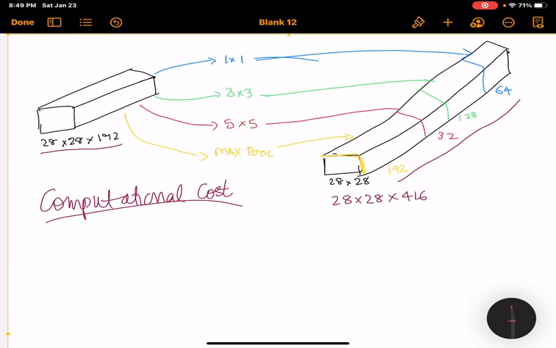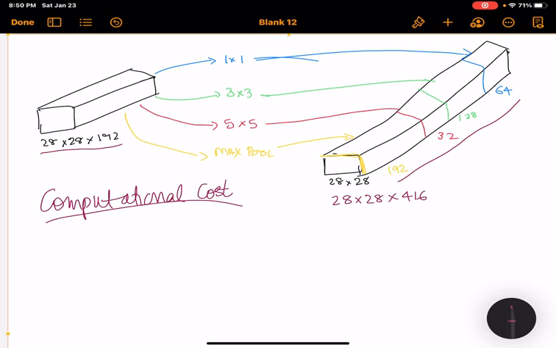Even though this architecture will perform much better than a traditional convolutional neural network architecture, it has this drawback of high computational cost. So let us see what the computational cost would be roughly for this architecture.